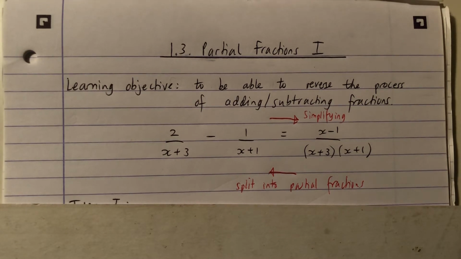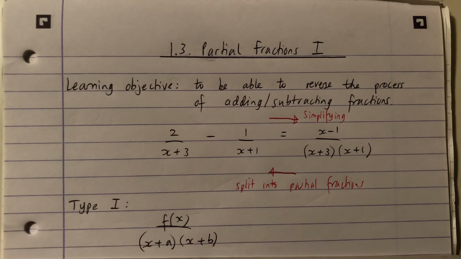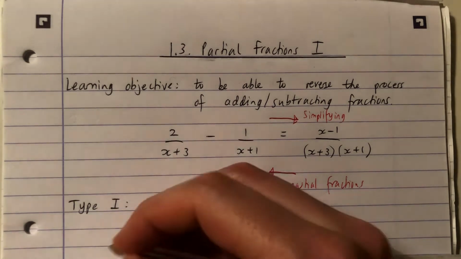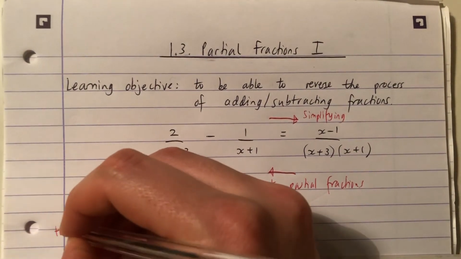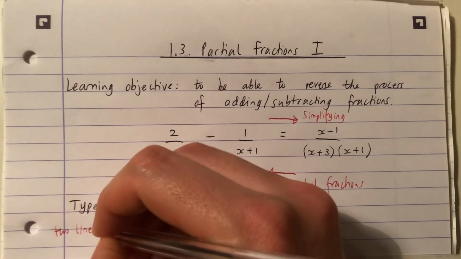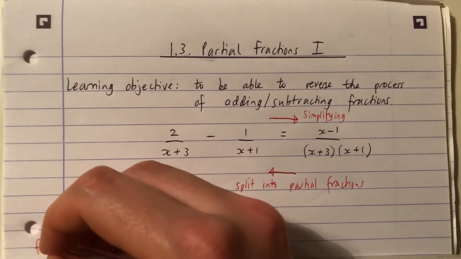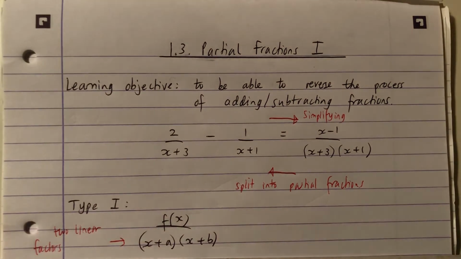So there are multiple types of partial fractions. We're going to start off with type 1, which always looks like this. It's exactly the same as the thing above. You have the simplified version, which has two brackets on the denominator, or two linear factors on the denominator.